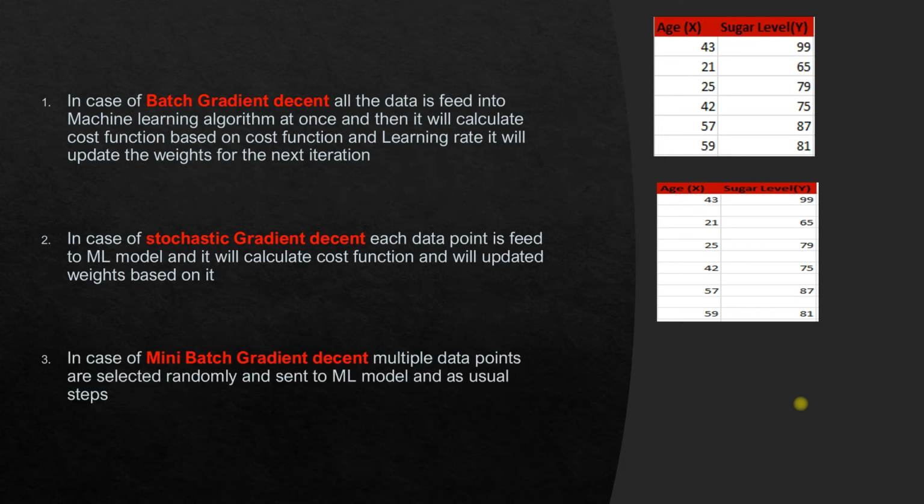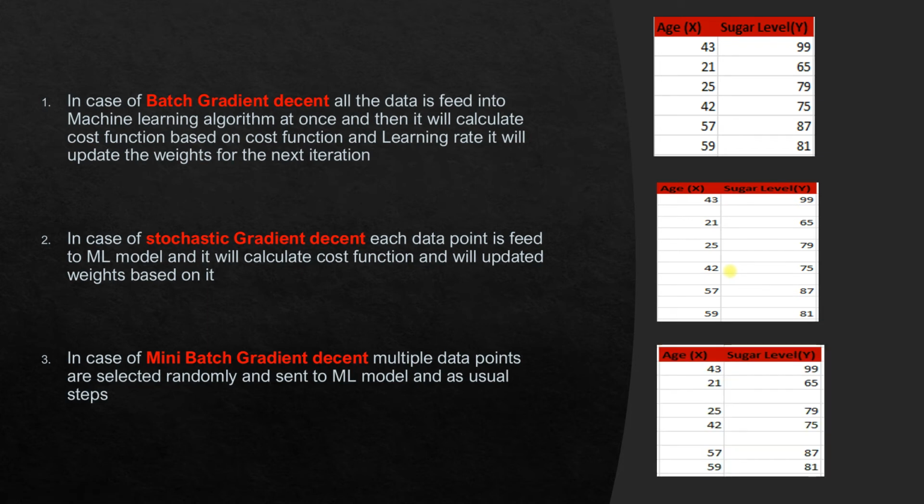Now, mini batch gradient descent. In batch gradient descent, the whole data is sent at once. In stochastic gradient descent, each data point is sent one at a time. In mini batch gradient descent, it randomly selects batches. Let's say I have 6 records and I say three mini batches; randomly, it picks two records and sends 2 records at a time to my ML model.